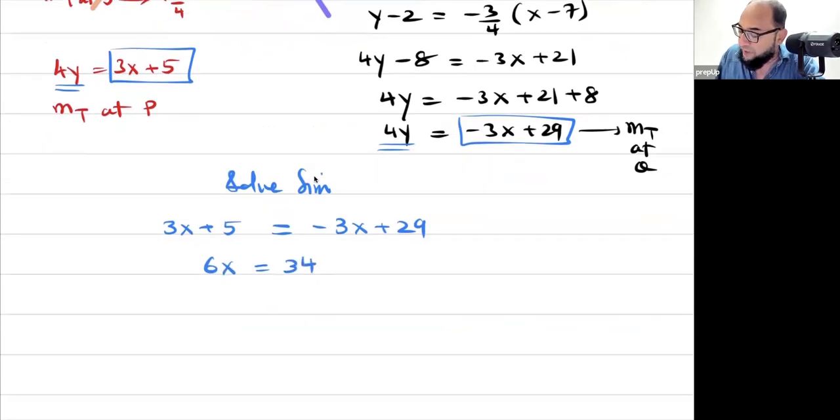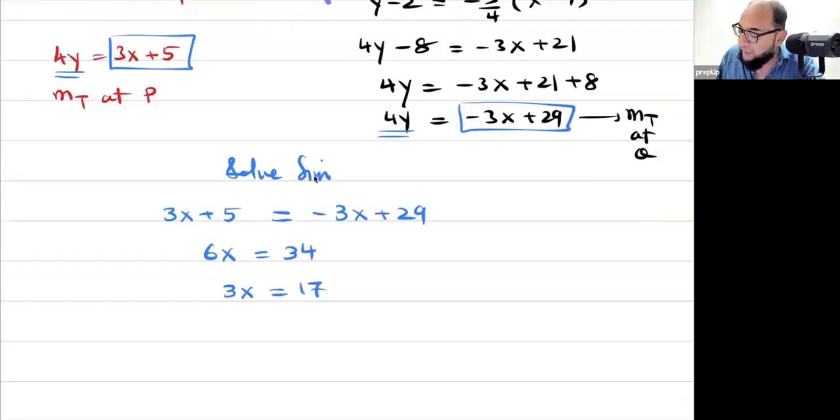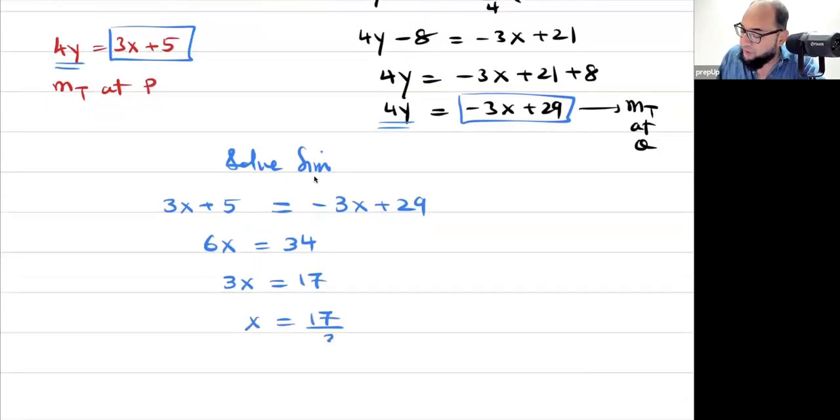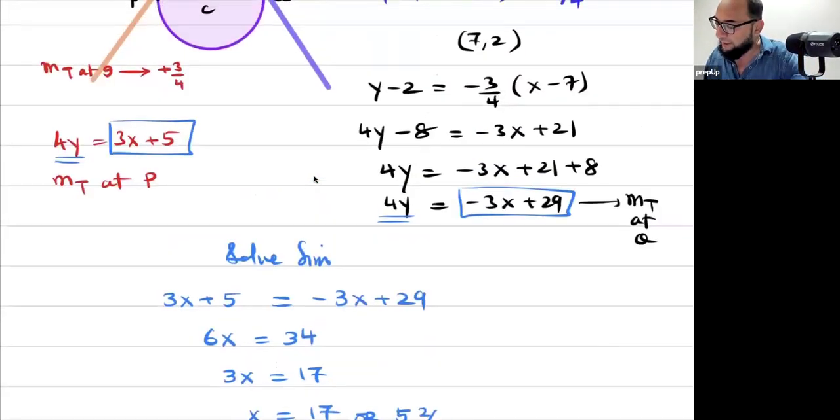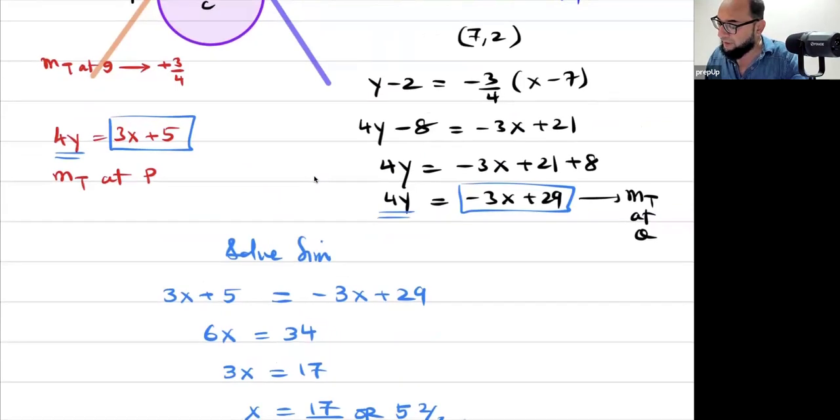And divide by 2, that is 3x equals 17. Therefore, x equals 17 over 3, that is 5 and 2/3. Is that right? 21 plus 8, yeah, 21 plus 8 is 29.